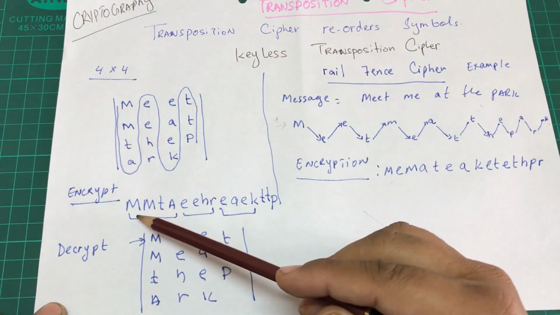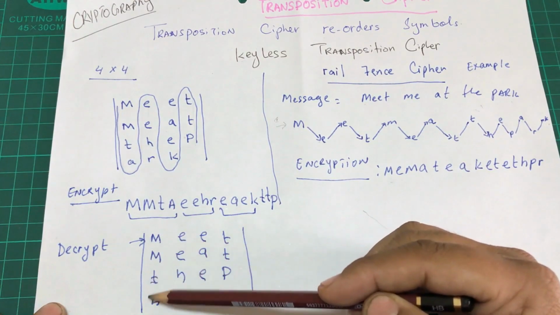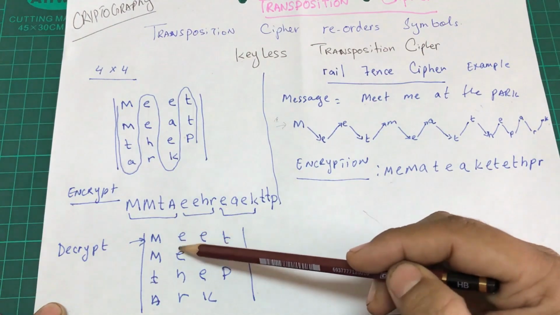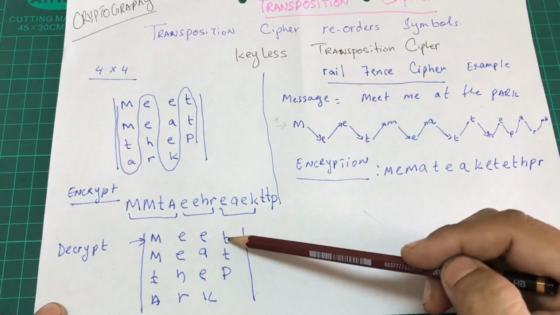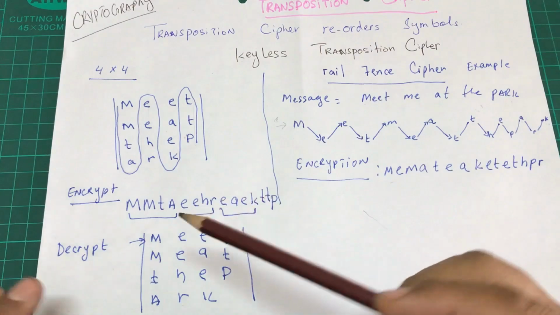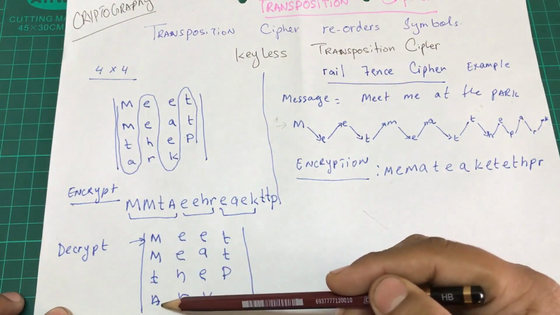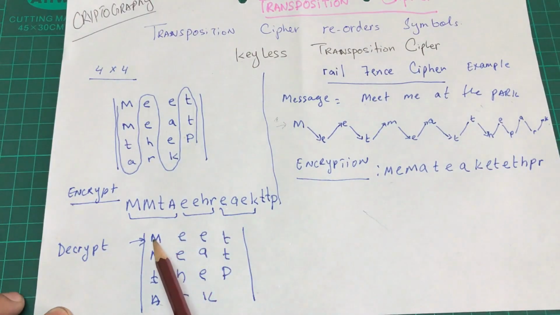The first column will become MMTA, the second column will become EEHR, then EAEE, and then TTP. And the way he's going to decrypt it, he writes it in columns but reads it in terms of rows. So the decryption will be meet me at the park.